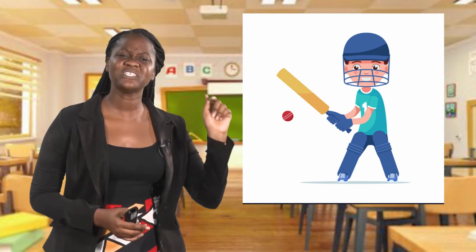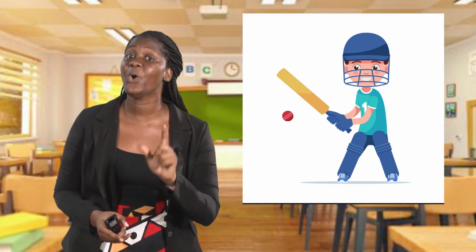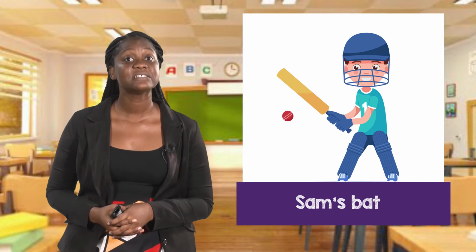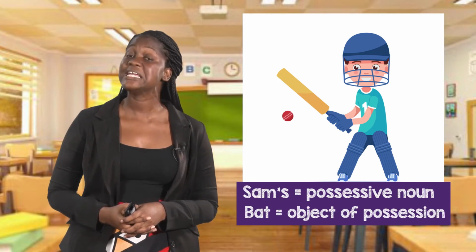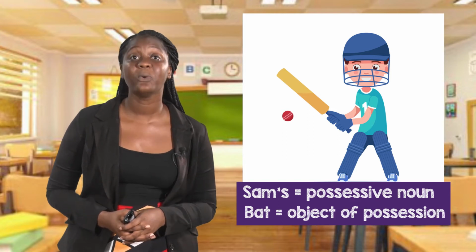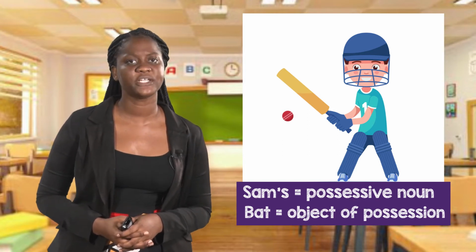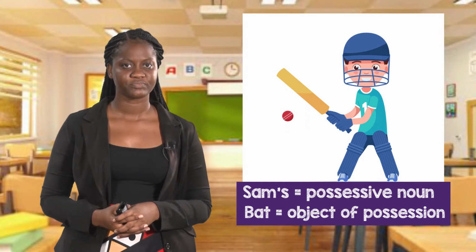Let's now look at Sam. He was given that bat as a birthday gift. So we know that he owns the bat. Using a possessive noun, we can say Sam's bat. Sam's is the possessive noun, while bat is the object of possession.